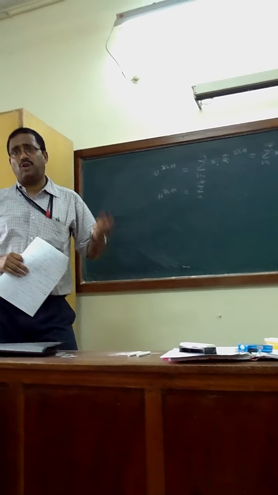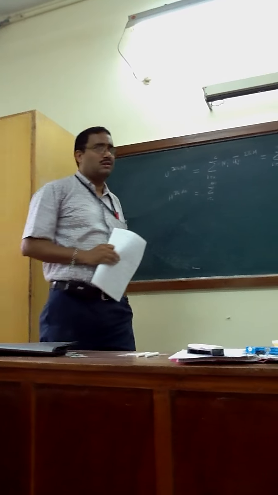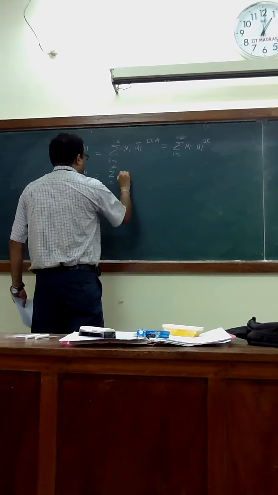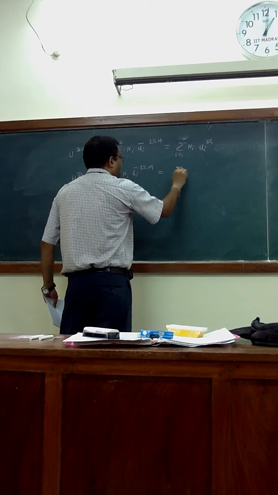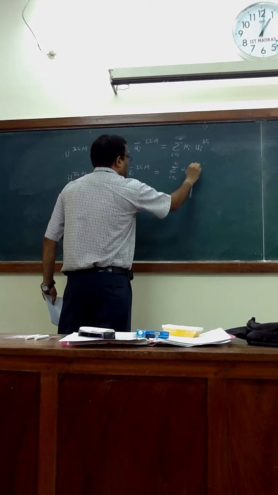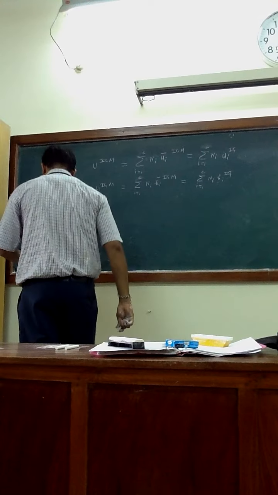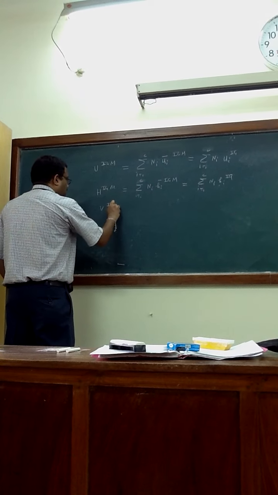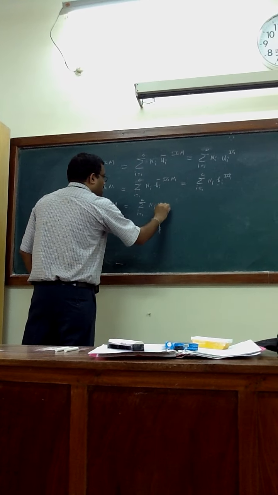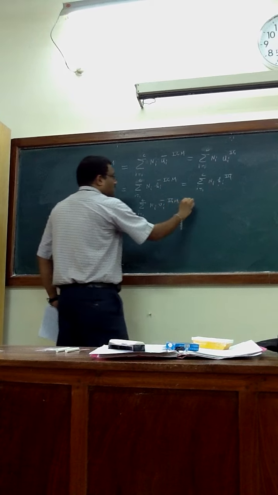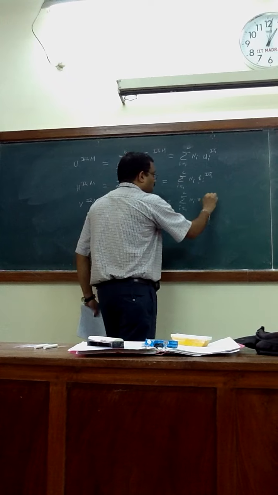Each component has n1, n2, n3 moles. So i equals 1 to C, not n: n_i H_i bar igm, or n_i H_i^ig. V igm is summation i equals 1 to C of n_i V_i bar igm, which is summation n_i V_i^ig.